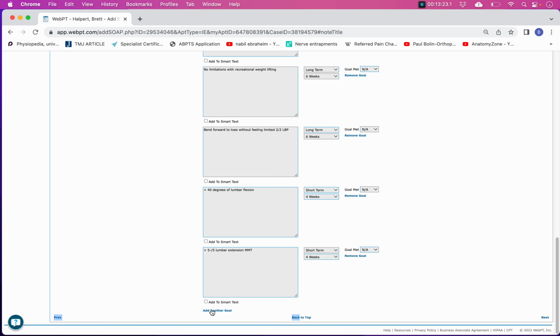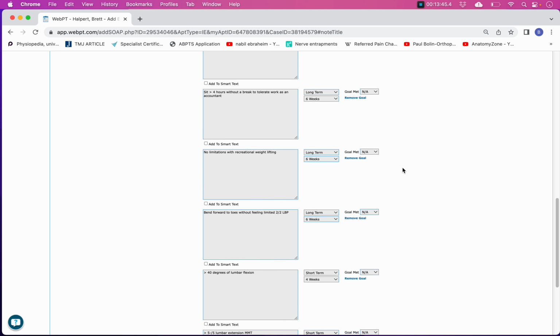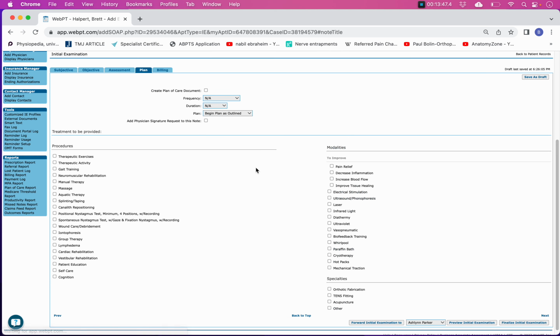We can say we want them to have at least 120 degrees of hip flexion, and we'll say 40 degrees of hip internal rotation, if we think hip mobility is related to his functional impairments. And then later down the road, we can come back and say what percentage of these goals has he met.